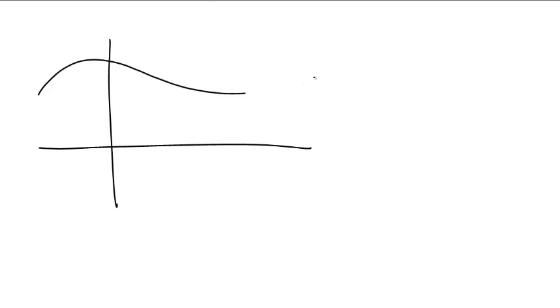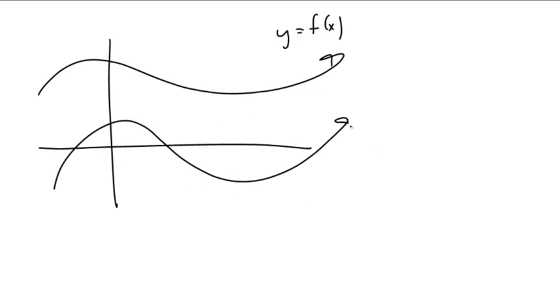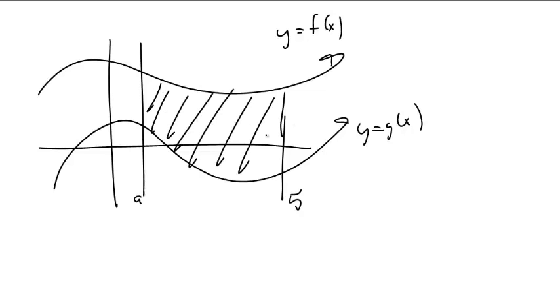In general, what I'm trying to say is, if you have two curves, y equals f of x and y equals g of x, and you want the area from a to b between these two functions, it's very simply the integral from a to b of f of x minus g of x dx.